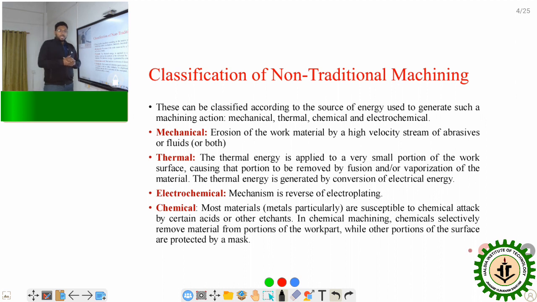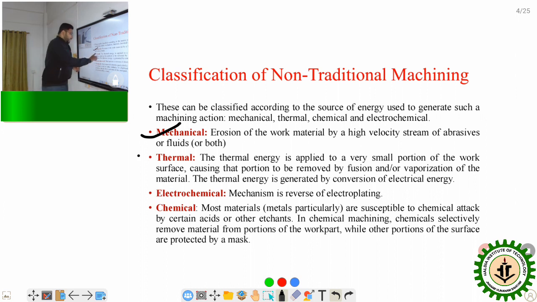Now, over here, it can be classified into four categories. The main power source may be mechanical. In the case of mechanical, the high pressure of abrasive material or a jet will strike on the work surface, and as a result, the material will be removed from the workpiece. So the energy source is mechanical energy.